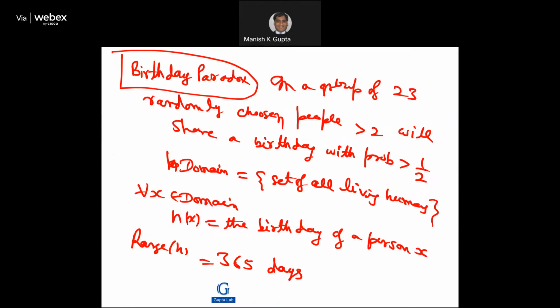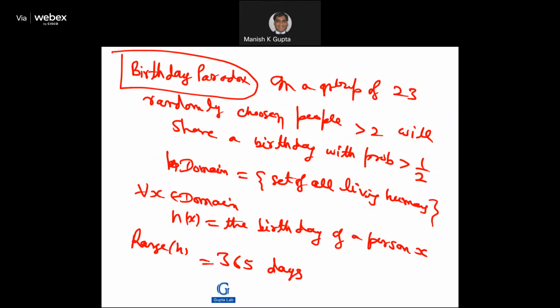In a group of 23 randomly chosen people, at least 2 will share a birthday with probability greater than half. Suppose the domain is the set of all living humans, and for every x in this domain, h(x) is the birthday of person x. And the range of h is 365 days. Actually, this will be 366 days for leap years, otherwise it is 365.